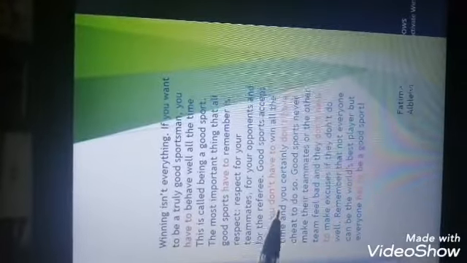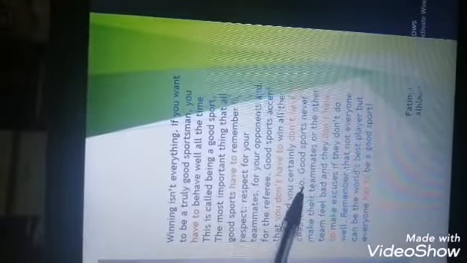Good sports accept that you don't have to win all the time, and you certainly don't have to cheat to do so.